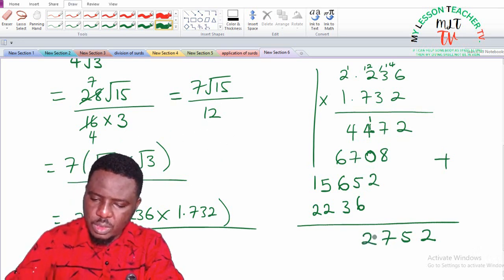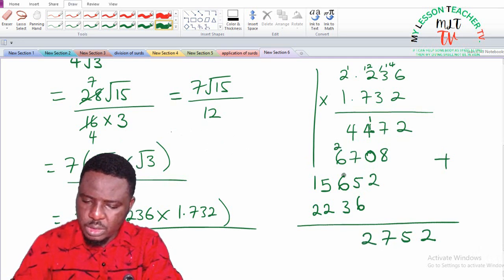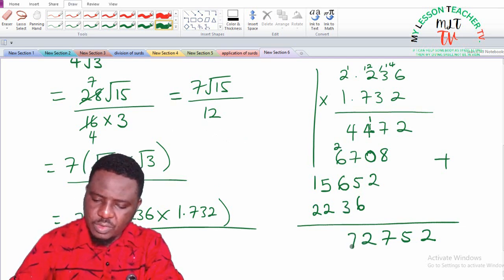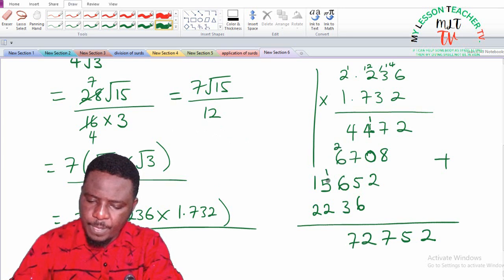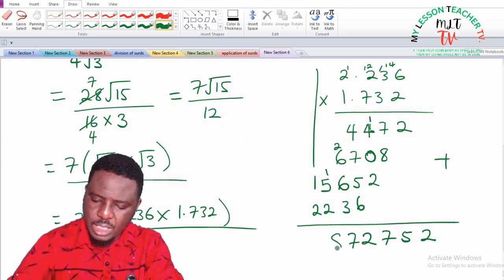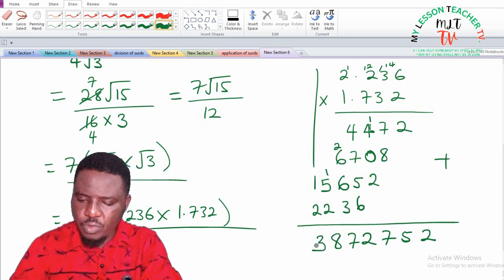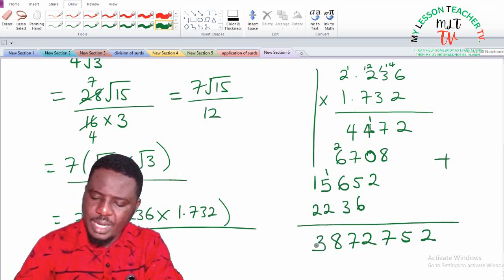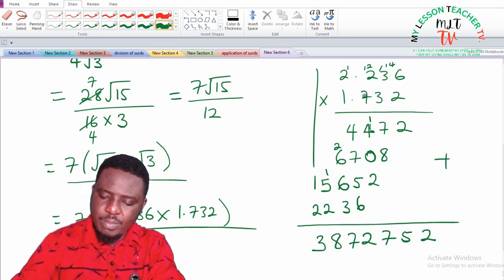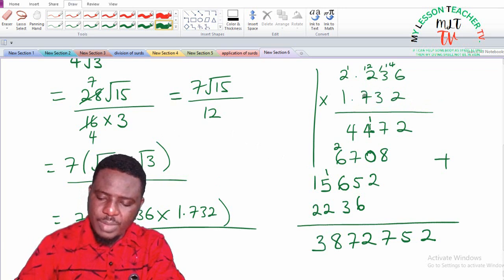I'll write down 2 and carry 2. This is 12. 12 plus 5 is 17. Write down 7 and 1. This is 7 plus 1 is 8, and this is 3. So I have done the multiplication. Now where will my decimal point fall? Since I have 6 digits after the decimal points, I'm going to count 6 digits from the back, and that is where my decimal point will lie.